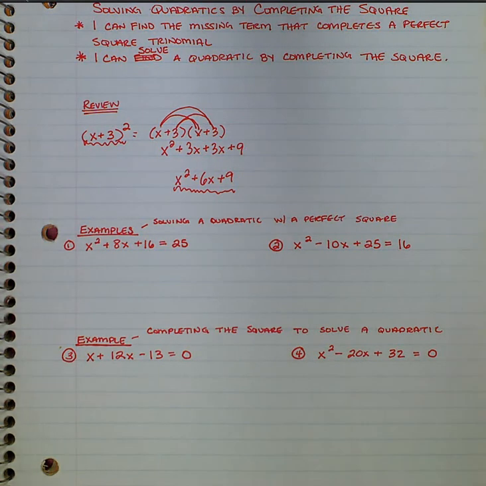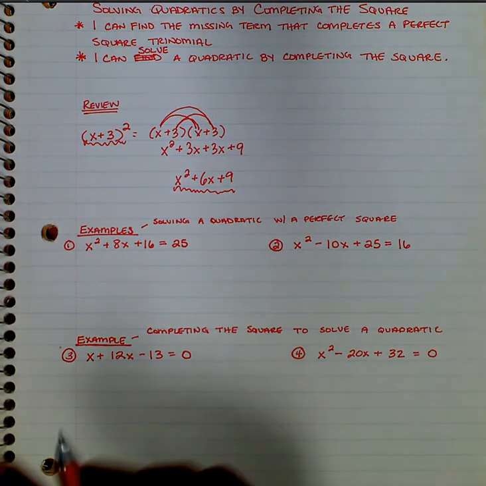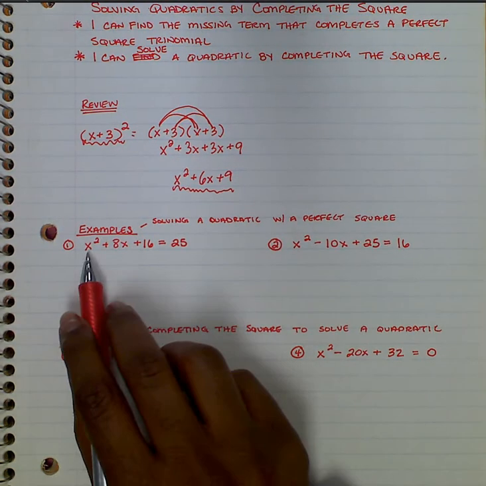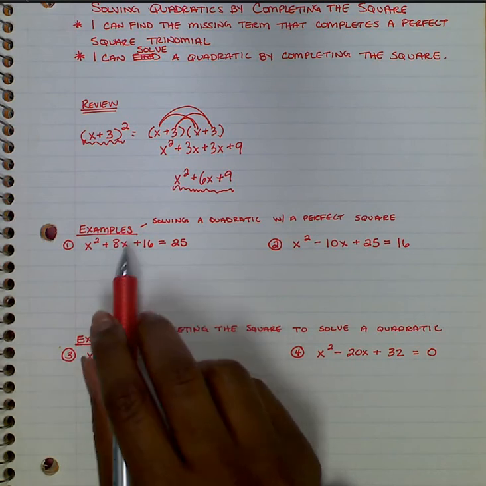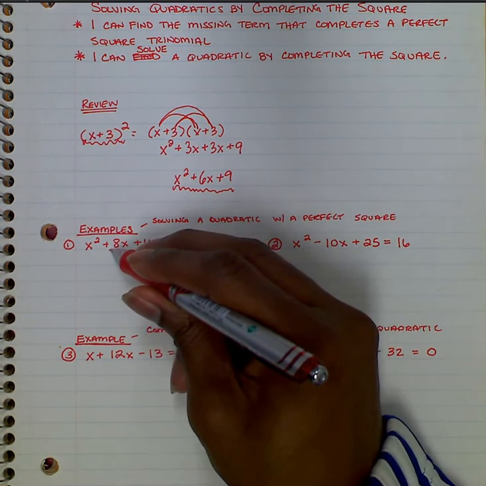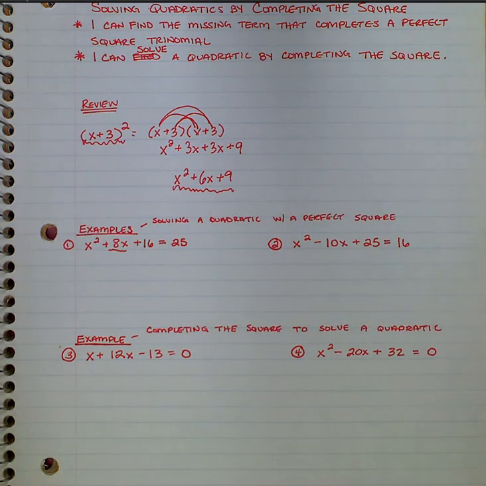In our first section of solving without graphing, we used square roots, and b was always 0, which helps us out. But for this first part, we have x squared plus 8x plus 16 equals 25. In this case, b is not 0. b is actually 8.